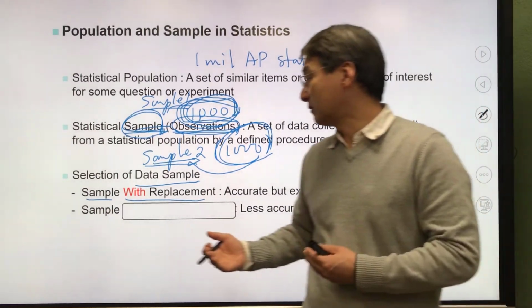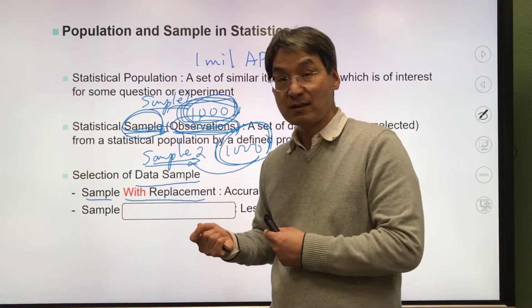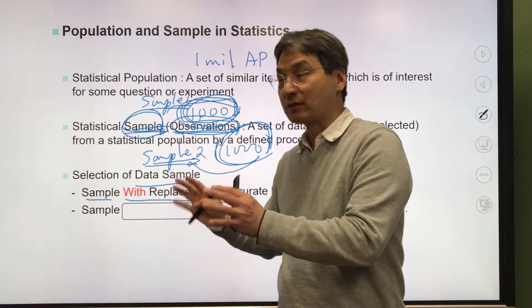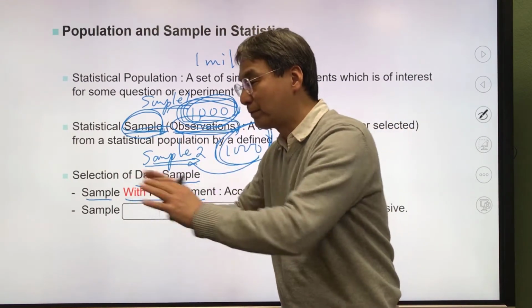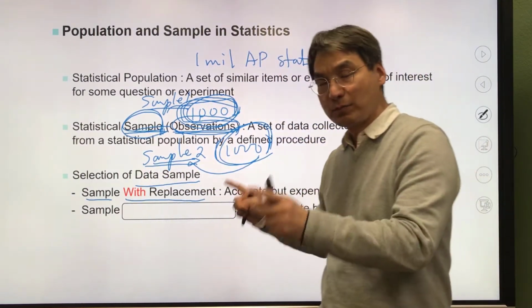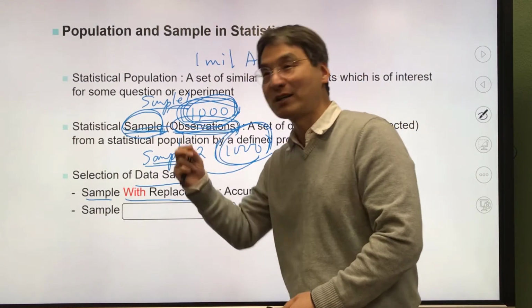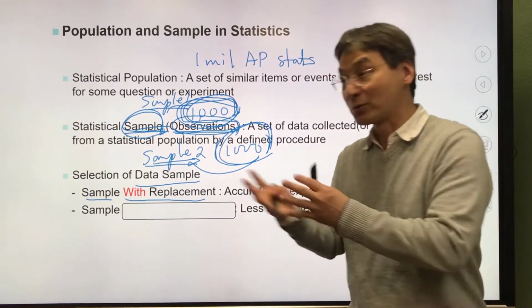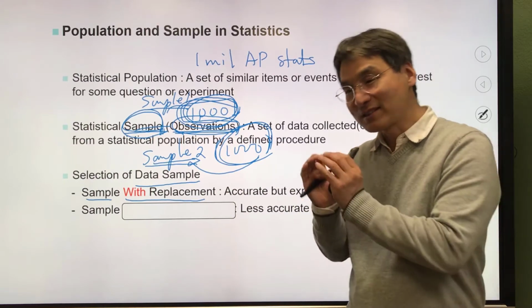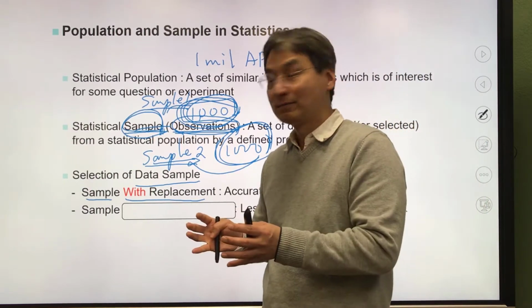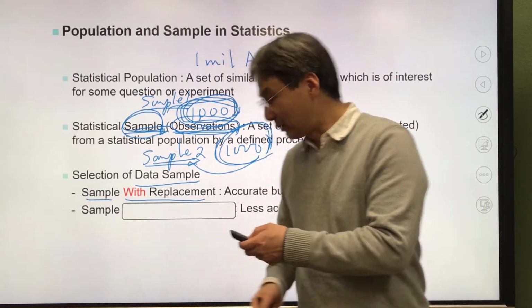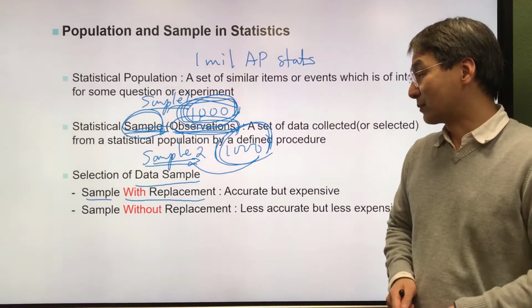The purpose of replacement is that we don't want to change the population. We bring the sample back into the population so that the population does not change, and math becomes very simple because we don't change the population. So math is accurate and simple compared to sampling without replacement.